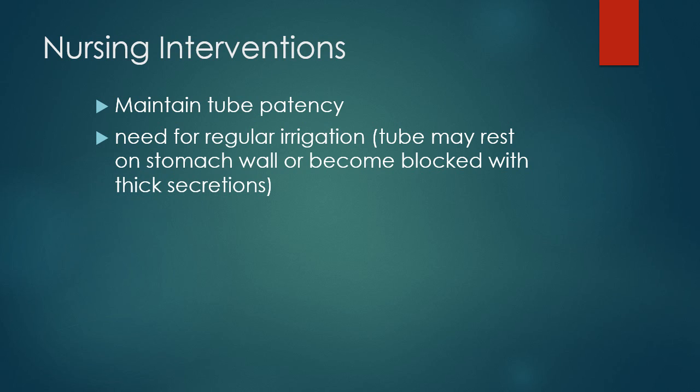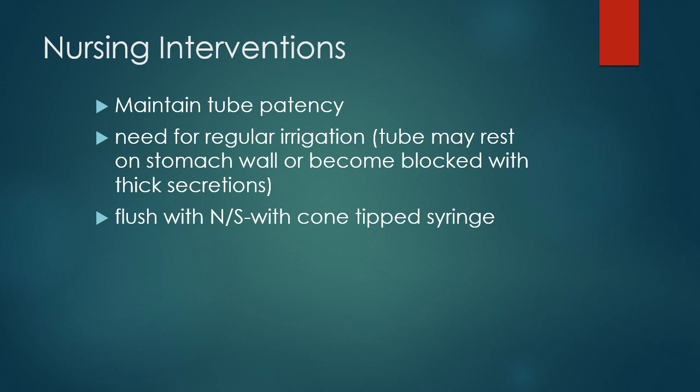The irrigation will help dislodge the tube if it's stuck to the stomach wall, or if it gets blocked with secretions. So typically we would flush the tube with normal saline, and there are these cone tip syringes that you may have seen on your wards that would be used to do this.